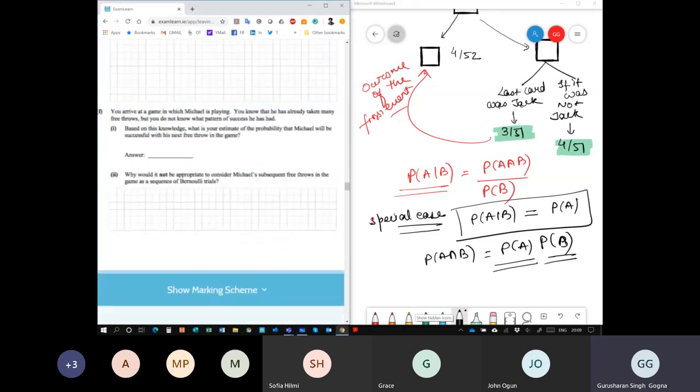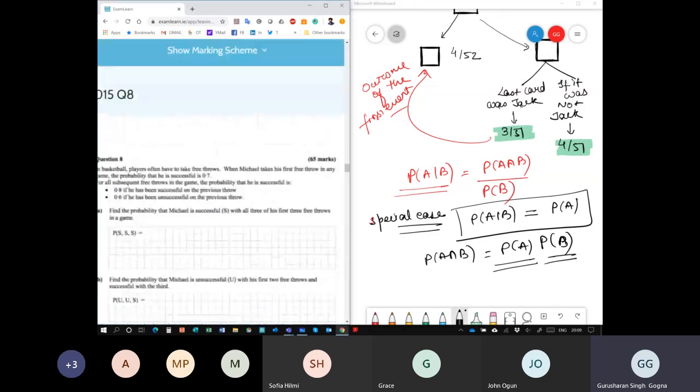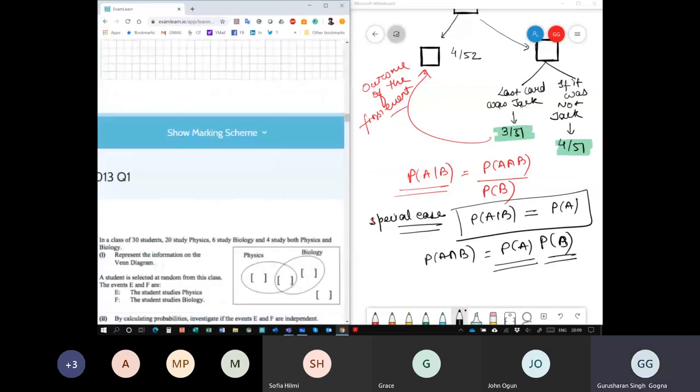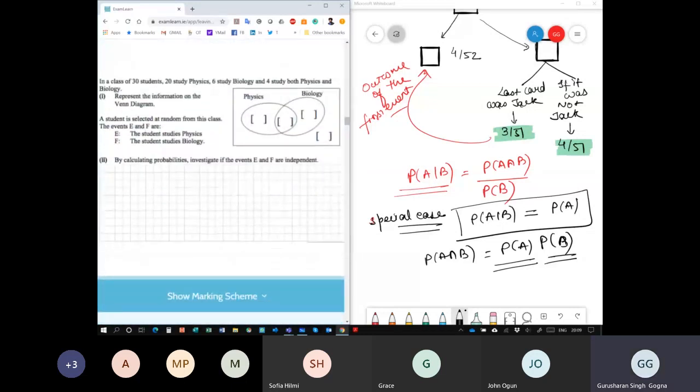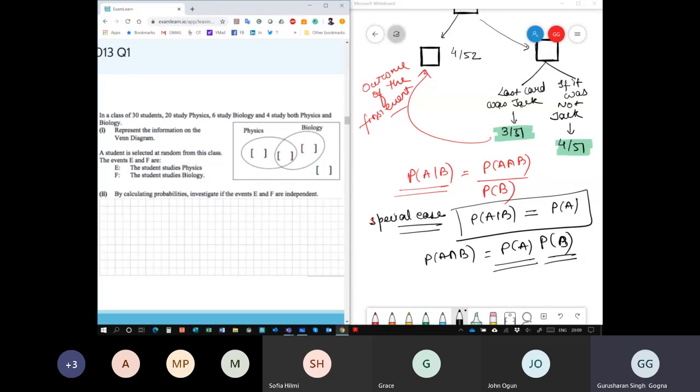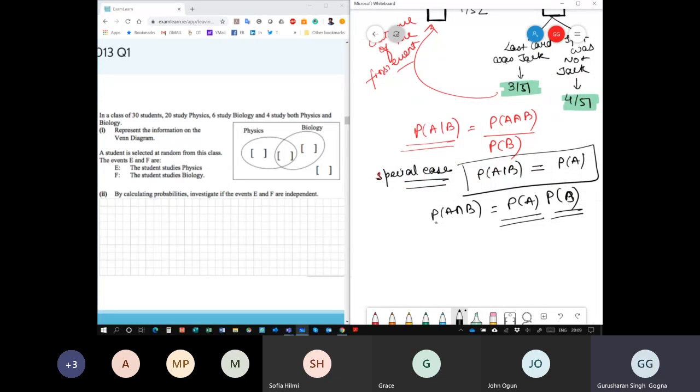And if you look at the question here, which we did today, which is this one. Okay, we proved that these two events are independent. Why were they independent?